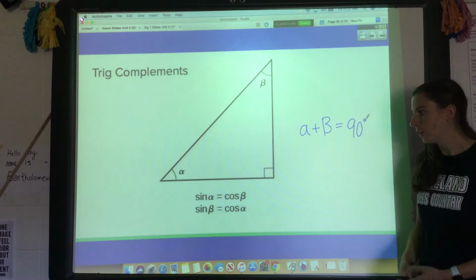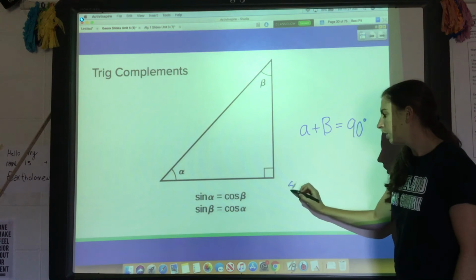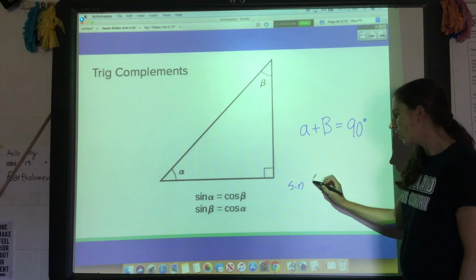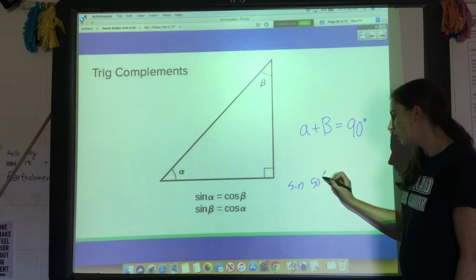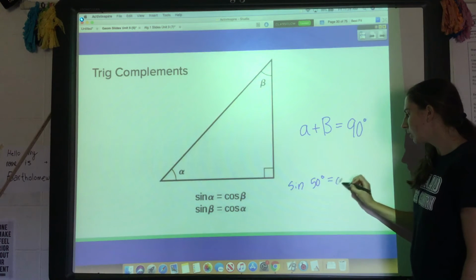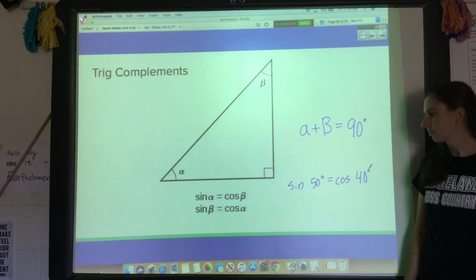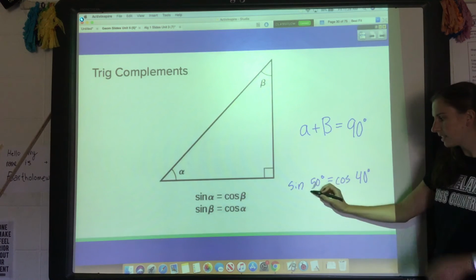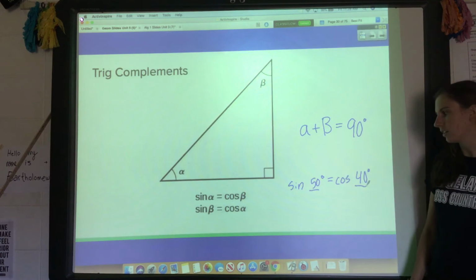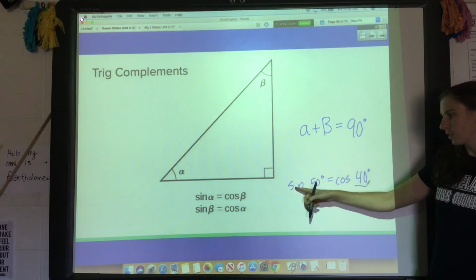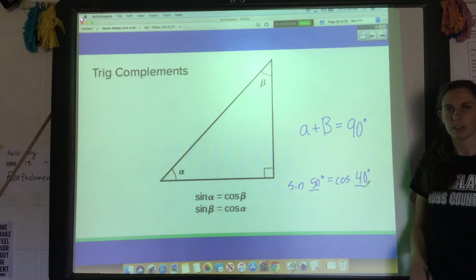For example, if I knew the sine of angle 50 is equal to the cosine of 40. That's because these have to add up to 90 degrees. And I know the sine of one equals the cosine of the other.